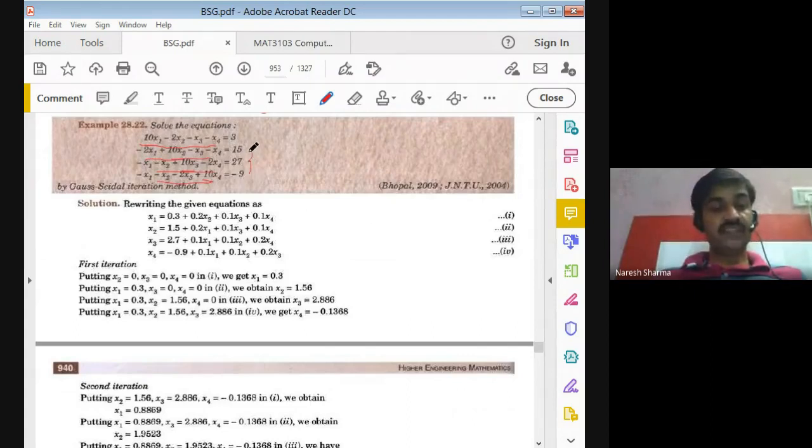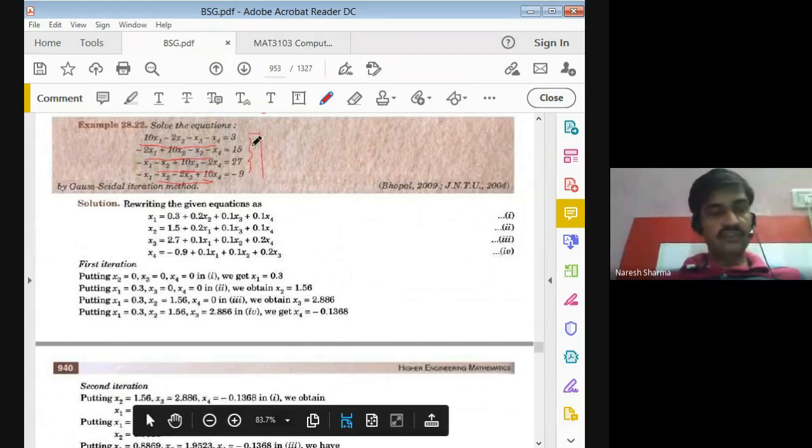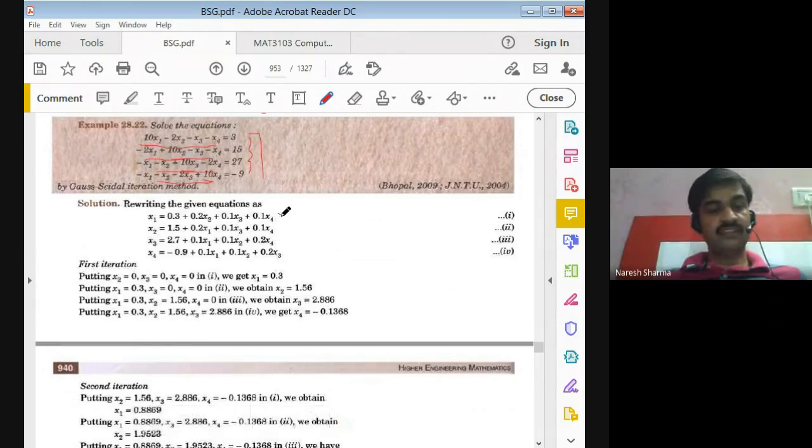If the order is different, you can rearrange them accordingly. Now from the first equation take x1 on the left-hand side, everything else on the right-hand side. Similarly, from second x2, third x3, and fourth x4 we can find out.